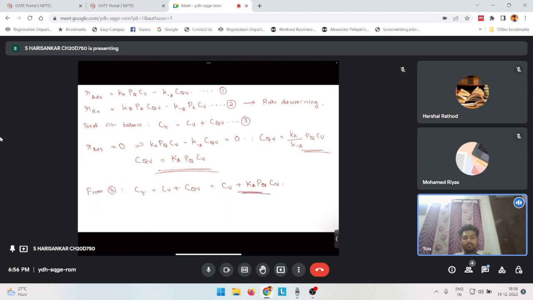So from this, if we rearrange, we can write the term CV separately. So CT will be CV into 1 plus Ka PQ, or CV will be equal to CT by 1 plus Ka PQ. So let's take this as equation 4 and this as equation 5.